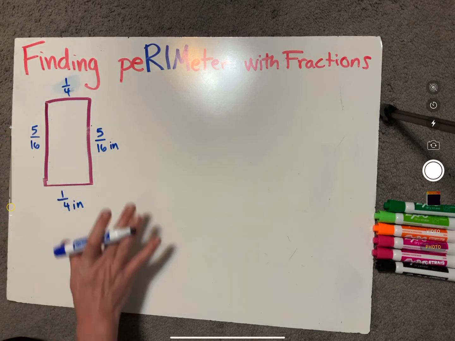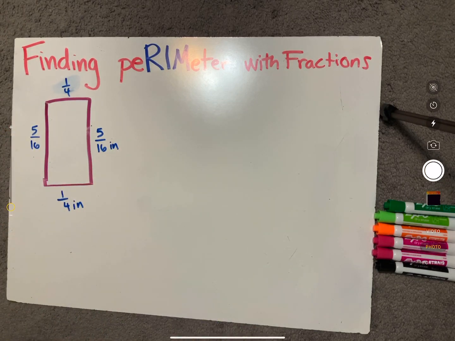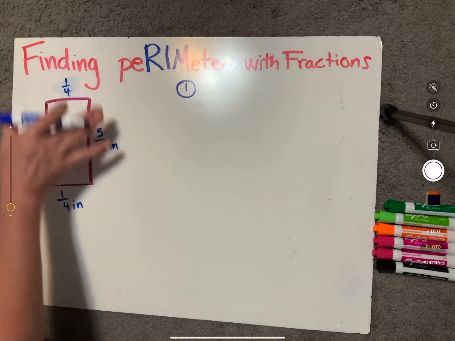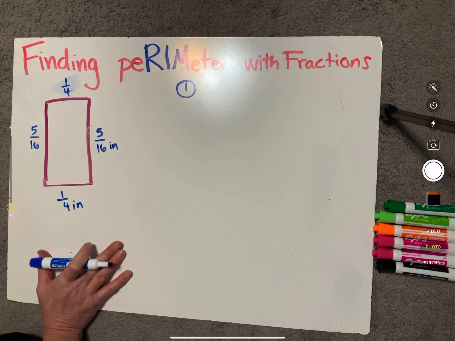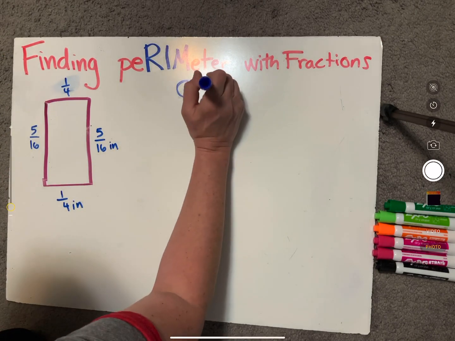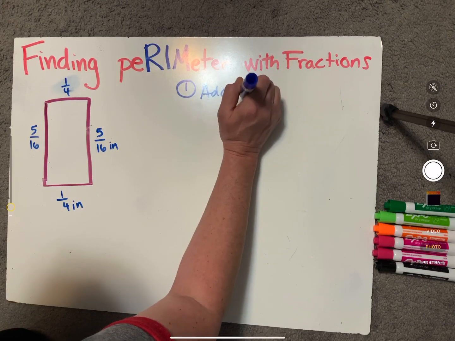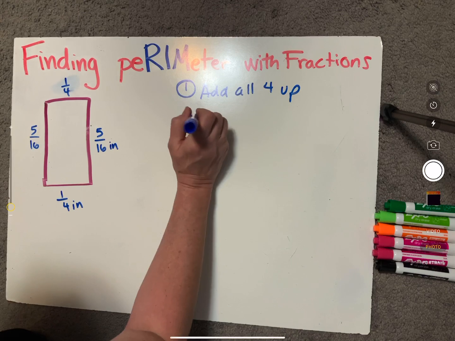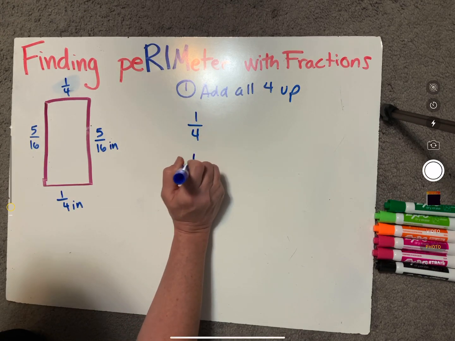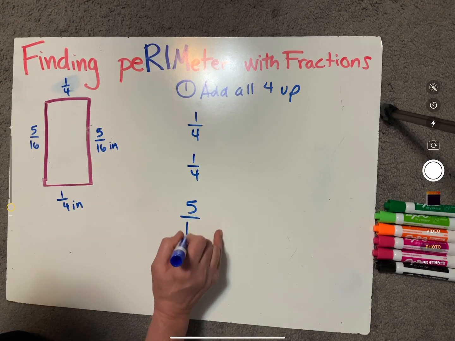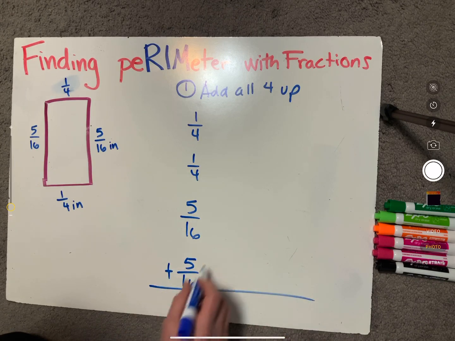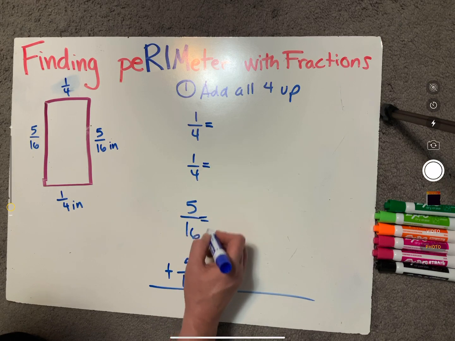Okay, so now, there are a couple of different strategies. Strategy 1, you could add all these up in one big long line. So add all 4 up would be your one strategy. So I could do 1/4 plus 1/4 plus 5/16 plus 5/16, right? So I could add them all up. I would have to find an equivalent fraction.